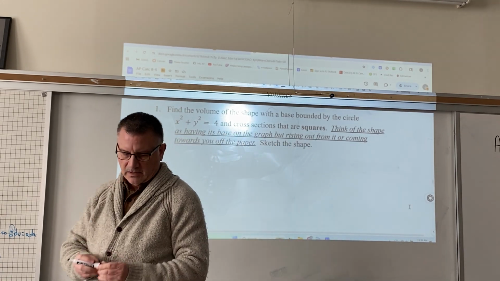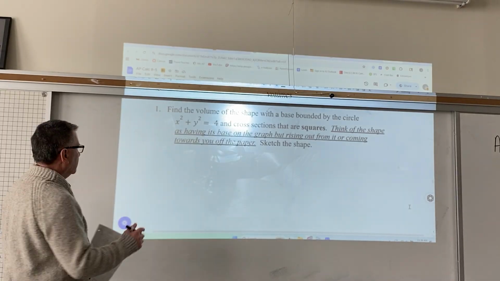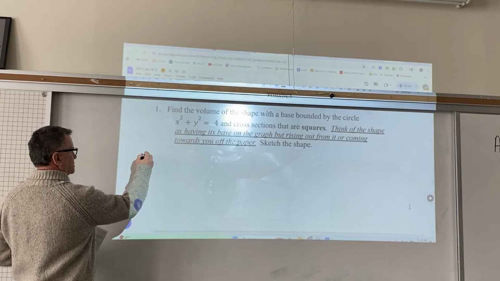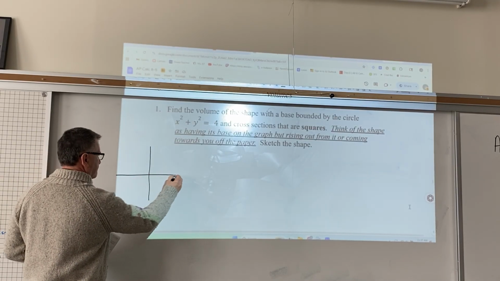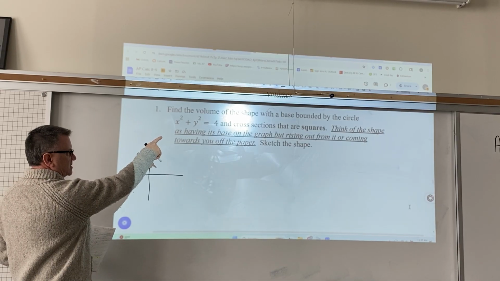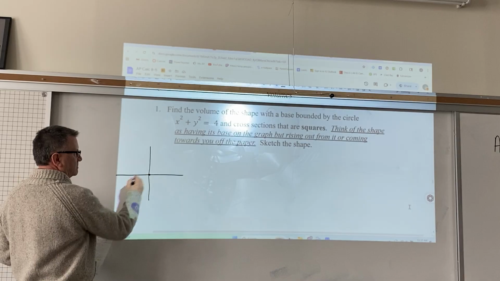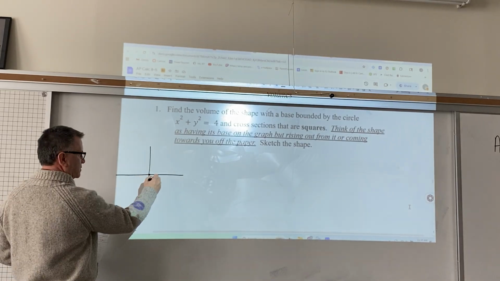And I will tell you, I am not artistically inclined. Anyway, so I do know this. That's a circle with the center at the origin and a radius squared is 4, so the radius is 2.